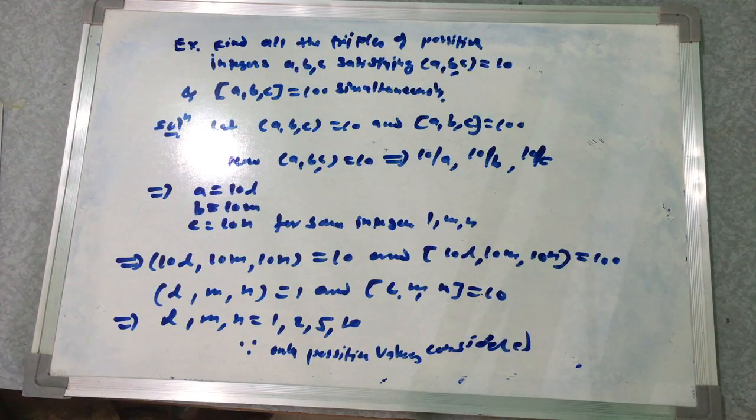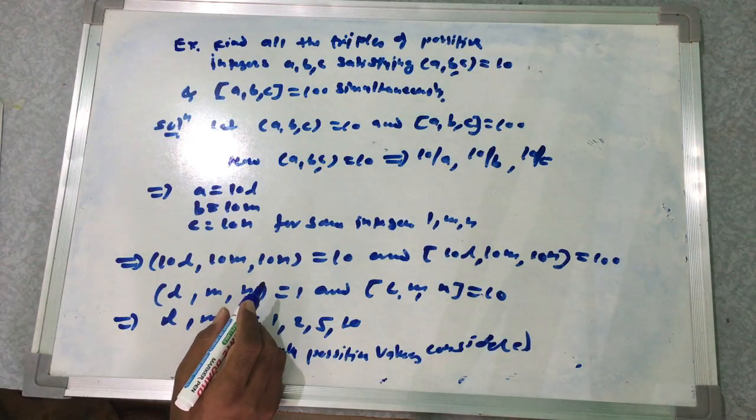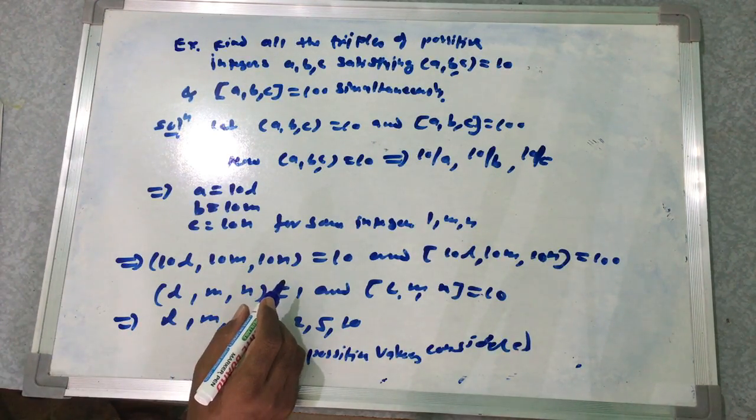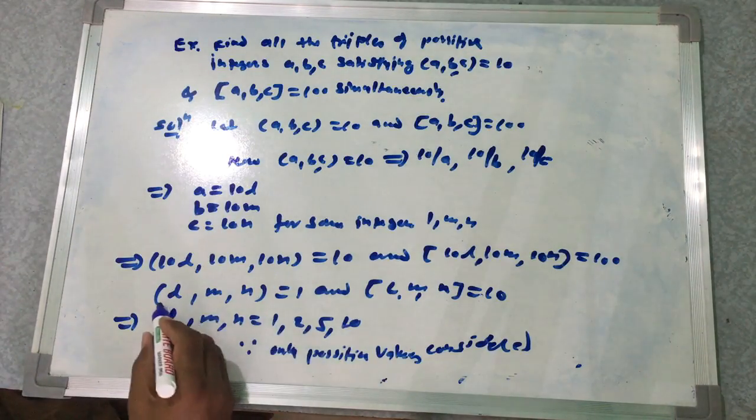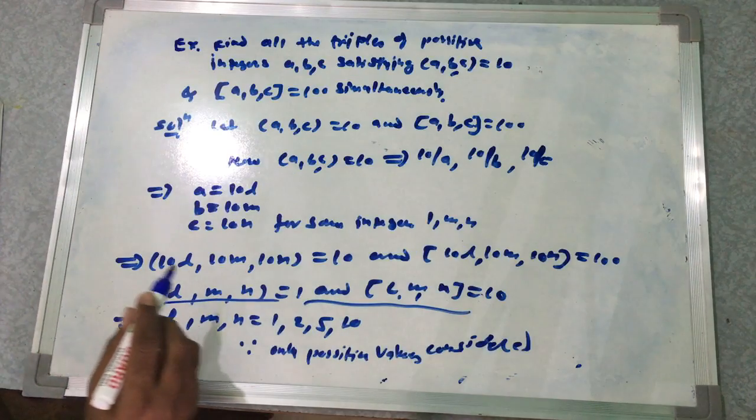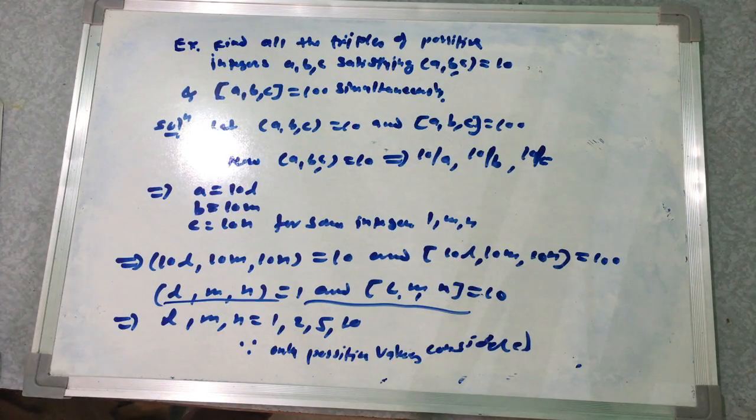So here we can write there are 24 triplets of l, m, n satisfying both of these. Hence there will be 24 triplets a, b, c.